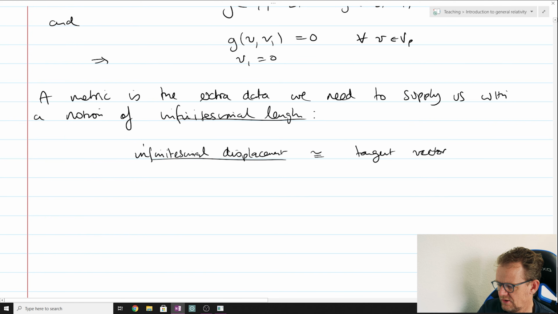And given a tangent vector, then given this identification here, a tangent vector is like a little displacement along a curve on a manifold, then an infinitesimal squared distance should be somehow a quadratic function of a tangent vector.